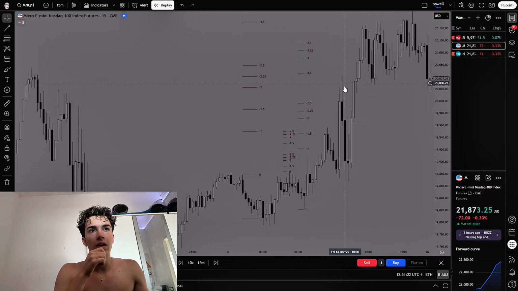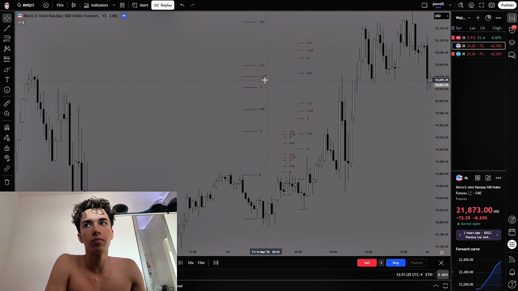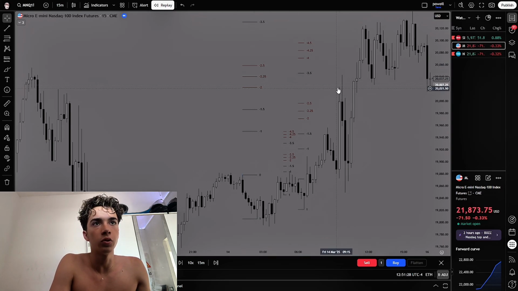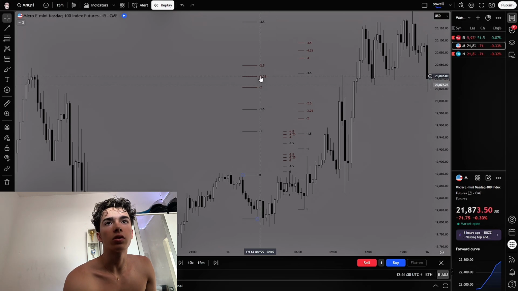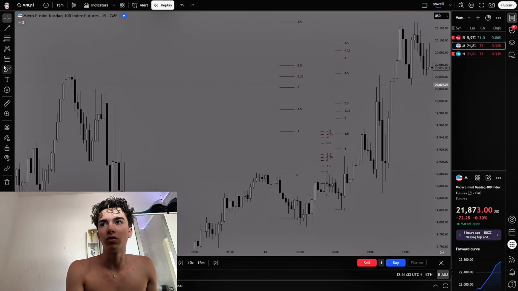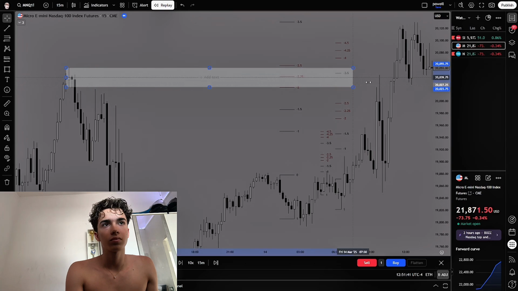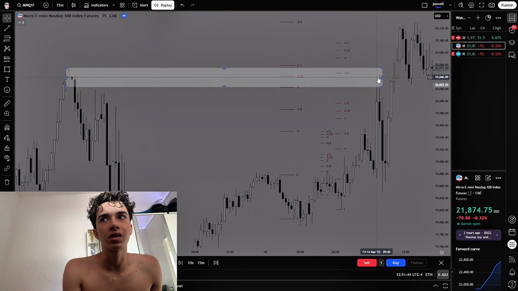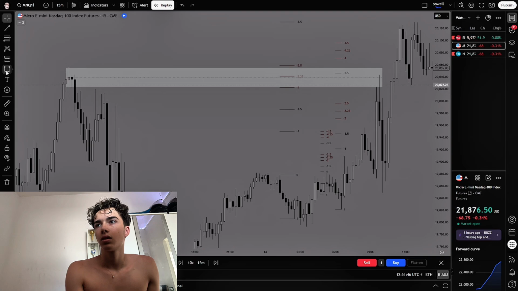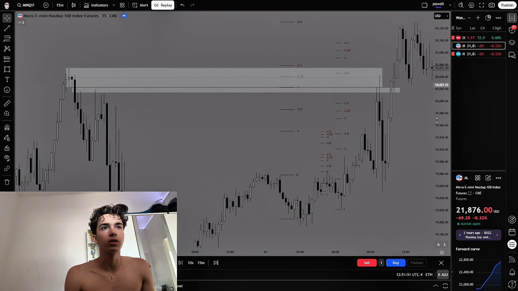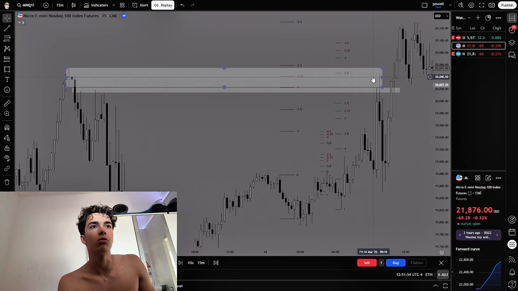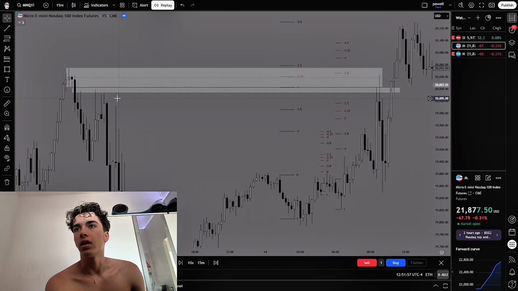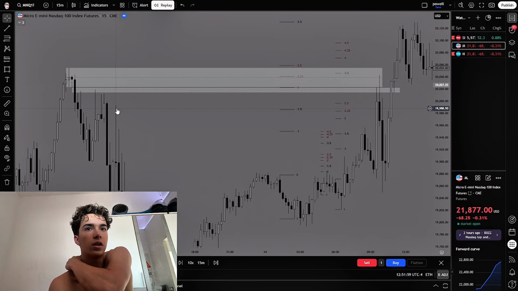The level before was a great trade, not only because we had the engineered liquidity and a limit order on the next level, but also because we had, as you can see, the 50% mark of the OB. We had this FVG that was respected because we didn't close above it, so that was a really good trade.